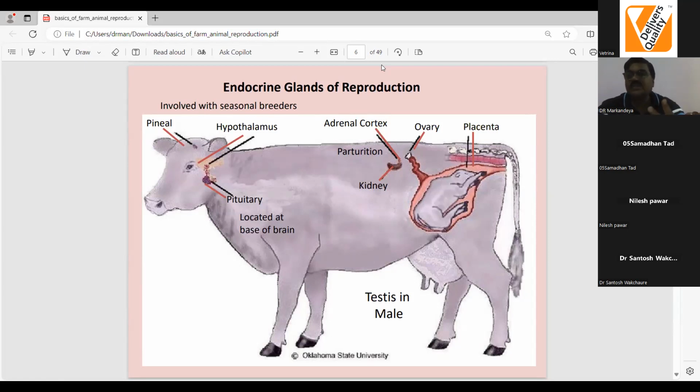Number two, it will assess the size of the pelvic girdle. Number three, this will assess whether with all probabilities, this particular animal will grow and develop and carry the ability to carry the pregnancy. So all these things can be assessed with the first rectal examination.